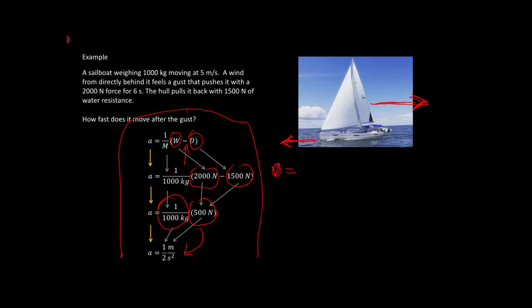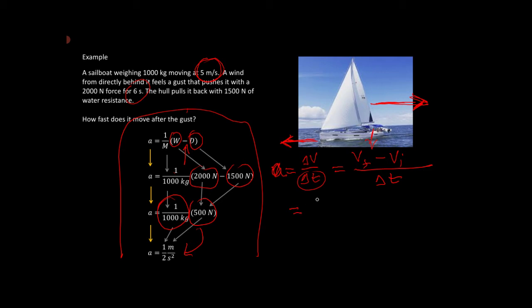So actually we'll use a = Δv/Δt, that's what we used previously. Δt here is just the 6 seconds. But Δv we said was the final velocity, that's what we want, minus the initial velocity, that's this 5 meters per second, all over this Δt, which we said was 6 seconds.